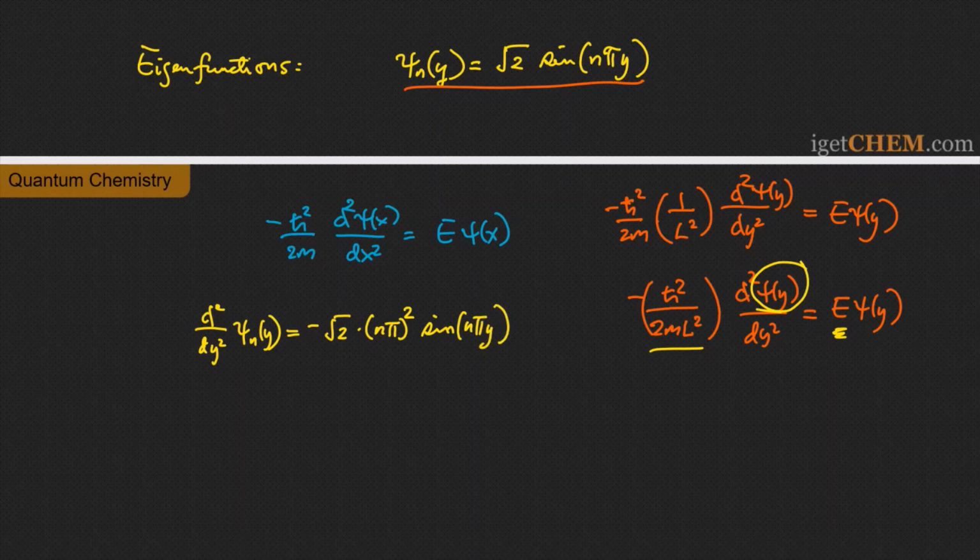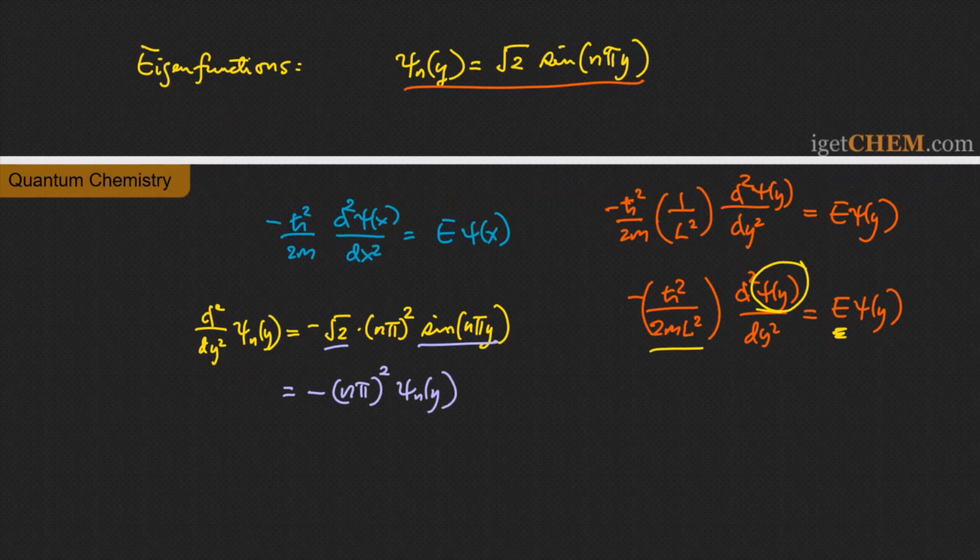And of course, psi is just equal to root 2 times sine of n pi y. So I see this is equal to negative n pi squared times psi n of y.